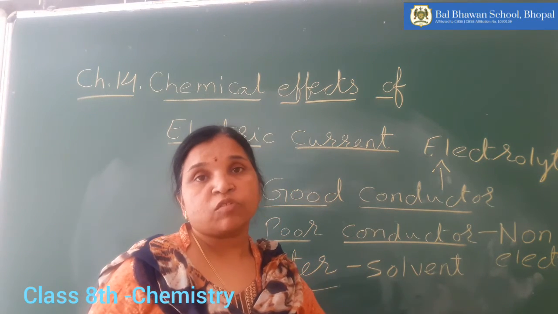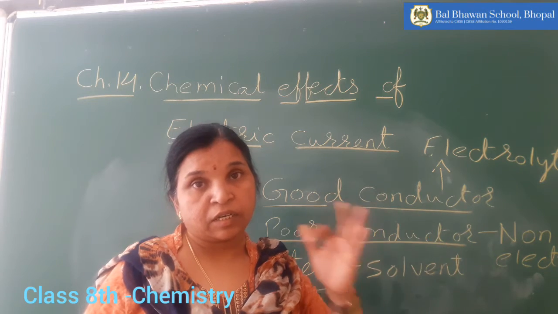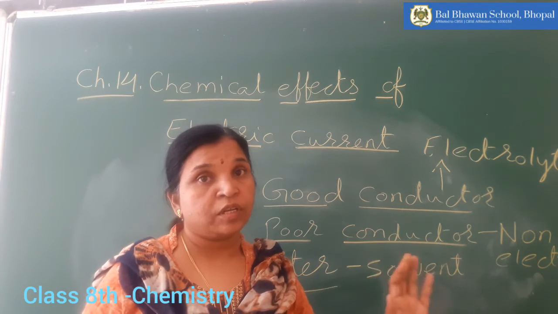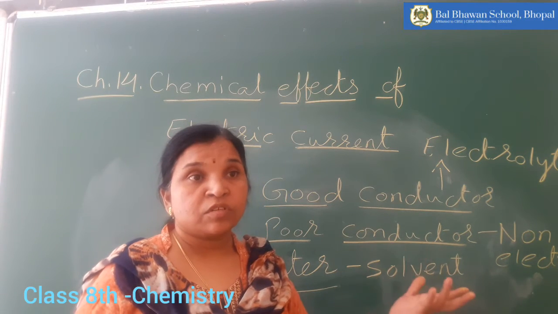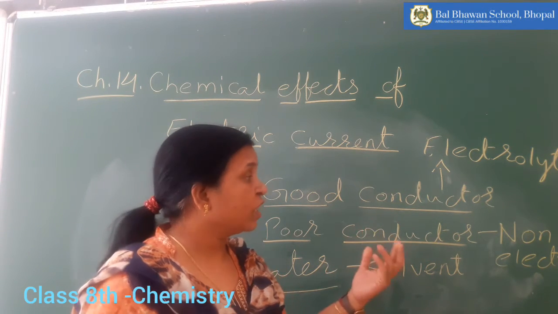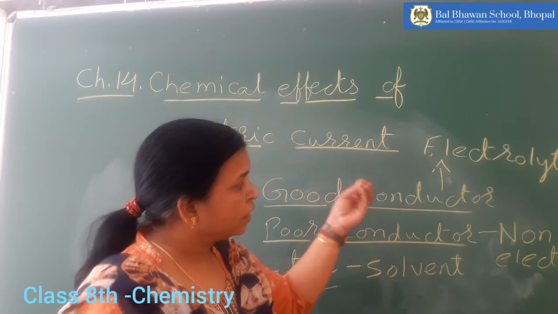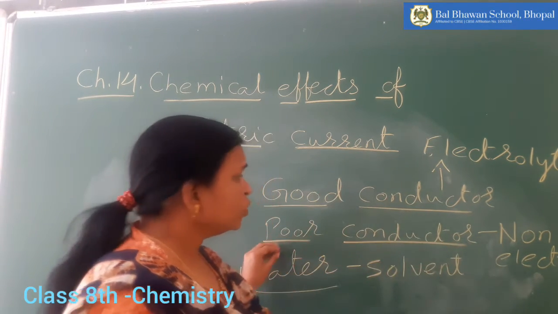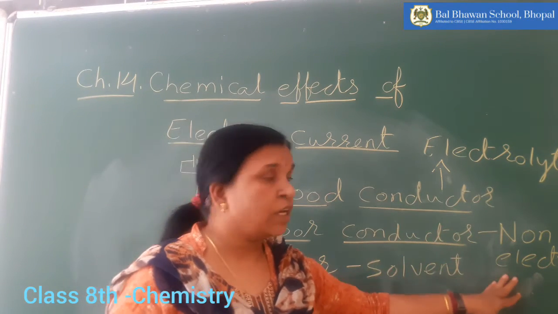Example of non-electrolytes is oils, different oils, they do not conduct electricity. Alcohol, it does not conduct electricity. It is not that only the solutions which are made out of different organic solvents are non-electrolytes.